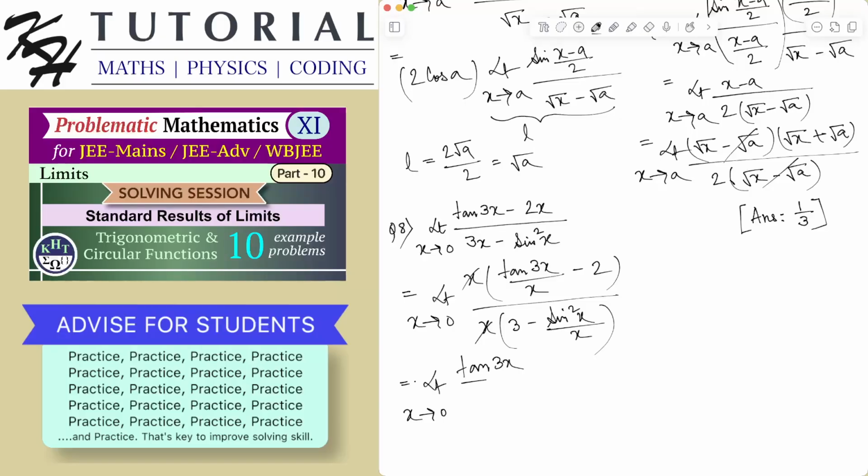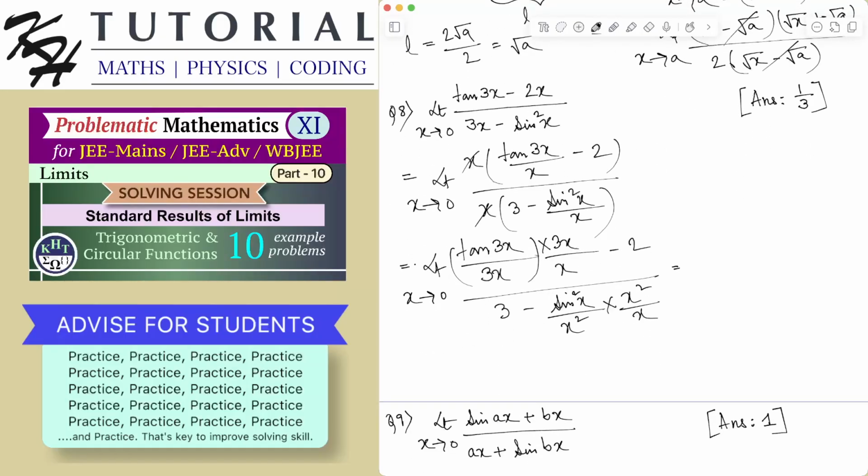I will bring 3x in the denominator, so that I can apply the standard result of tan fx by fx when fx tends to 0 is 1, and I will have to adjust it by 3, and I have already x in the denominator. Minus 2 divided by 3 minus, now for sine square x, to apply the formula sin fx by fx, fx tending to 0 is equal to 1, I will bring x square as denominator to sine square x, and I will adjust it, and there was already x.